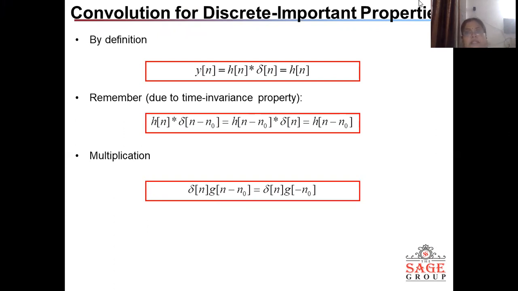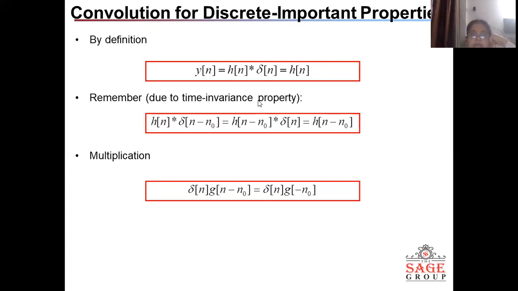Convolution for discrete, by definition we know that y[n] is equal to h[n], and if it is convolved with delta[n], we'll get h[n], because the amplitude of the impulse is 1. So if we multiply 1 with any input, we'll get the output as the input. So it will be h[n].